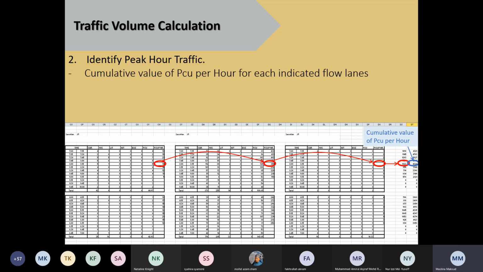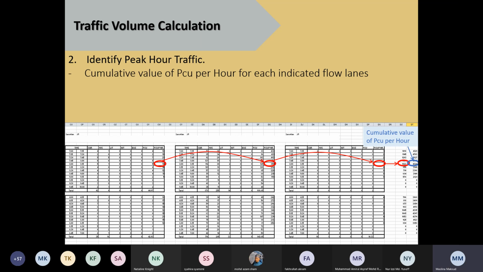And then after we get our PCU per hour for each indicated direction flow, we will add the PCU per hour. As you can see in the red circle there, that is each of the PCU per hour that we have calculated.